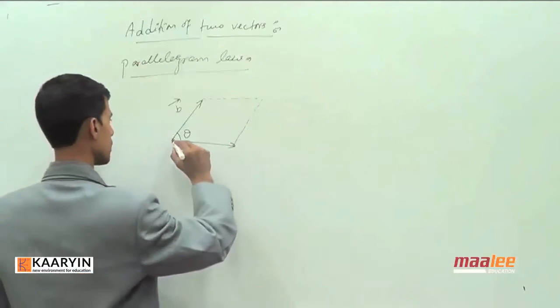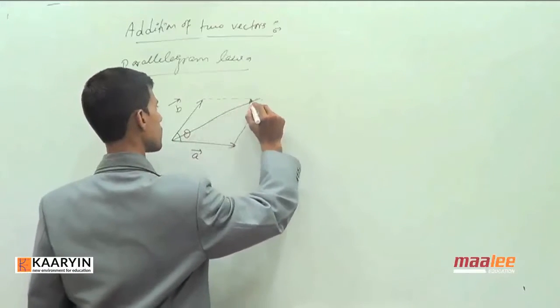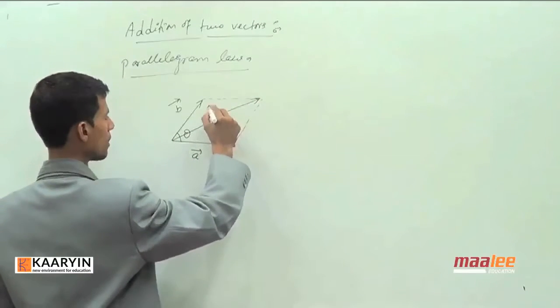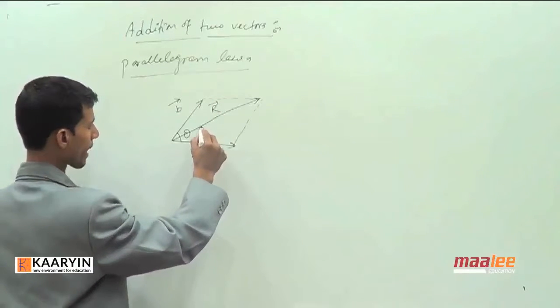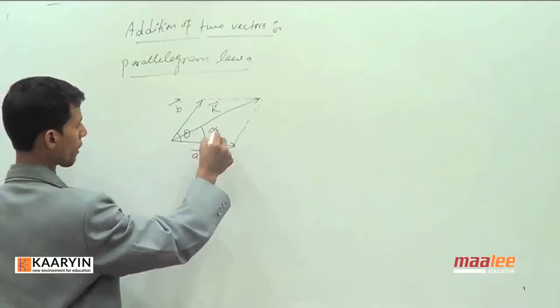Then the diagonal of the parallelogram will give us R, that is the sum or resultant of both vectors A and B. And let me say the angle between A and R is my alpha.